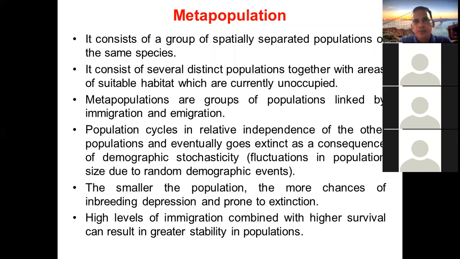Now let's say some of the individuals have migrated to other areas. Those populations in different areas we call the metapopulation. It consists of several distinct populations together with areas of suitable habitat. One important parameter to remember about the metapopulation is that they live in habitats which are suitable for all the different populations.